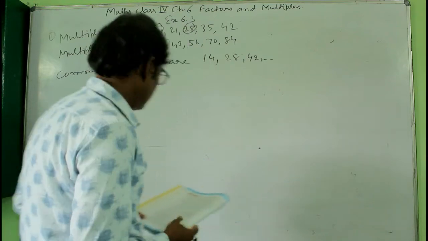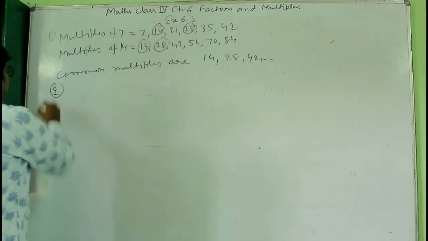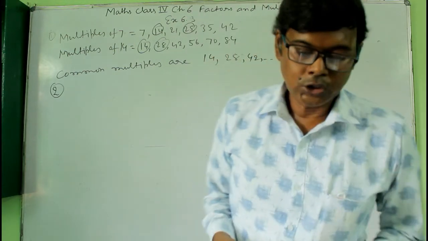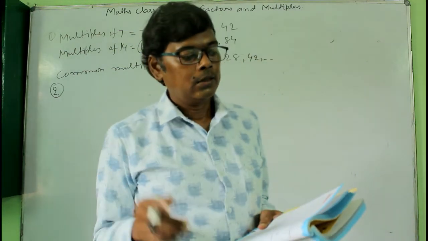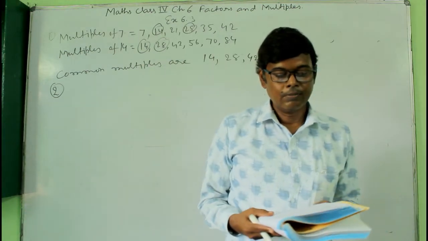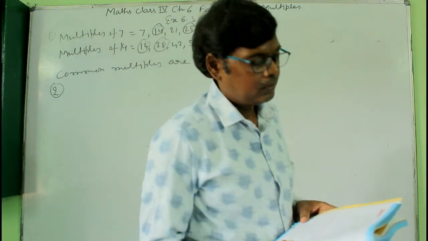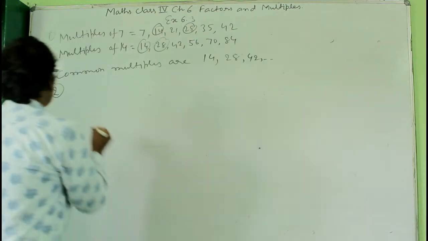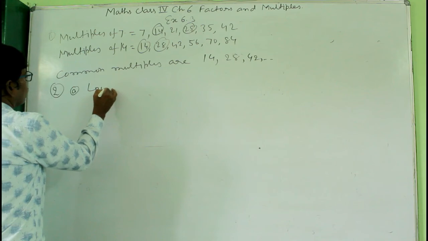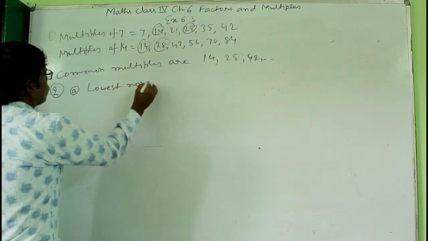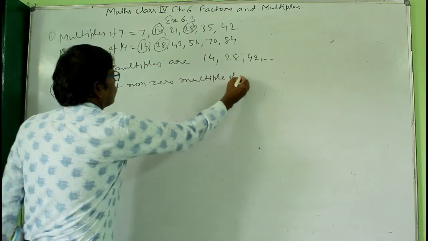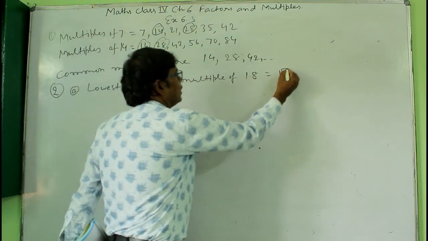Now, equation number 2. Write the lowest non-zero multiple of 18. Non-zero means that which is not zero.